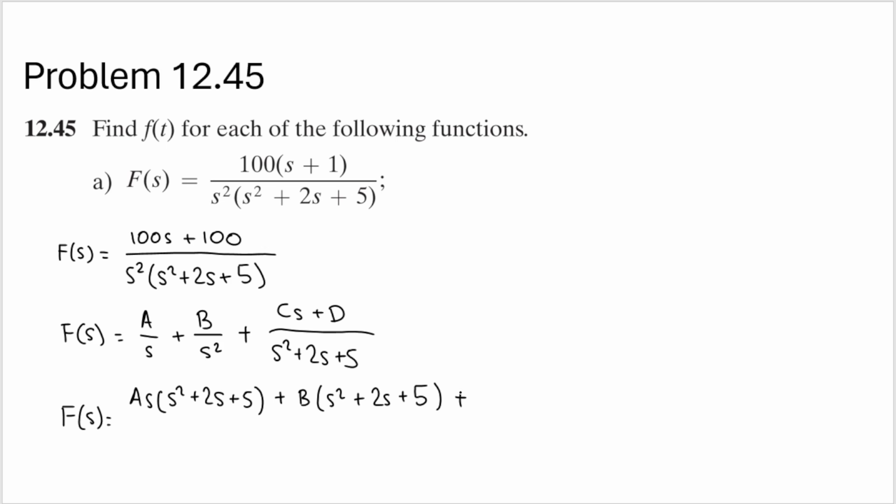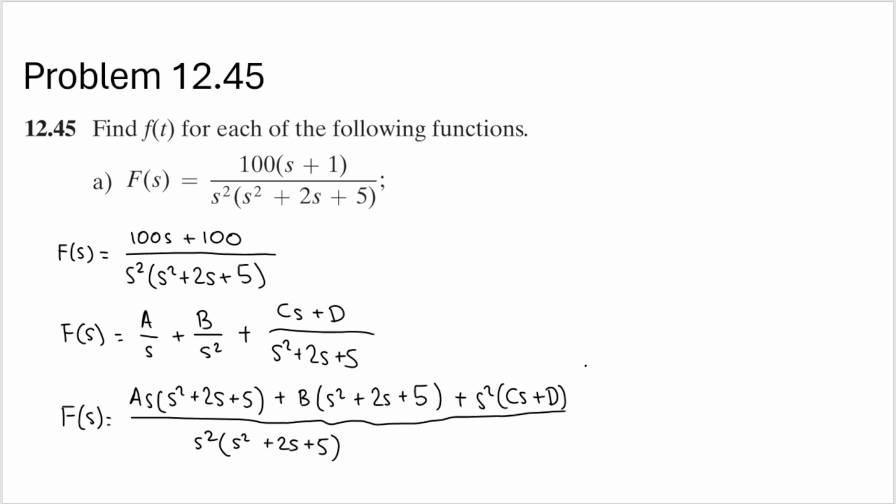We need to multiply it by s squared, so we will have s squared multiplied by (Cs plus D). And the denominator will be s squared and then (s squared plus 2s plus 5). Okay, let's distribute all of this.